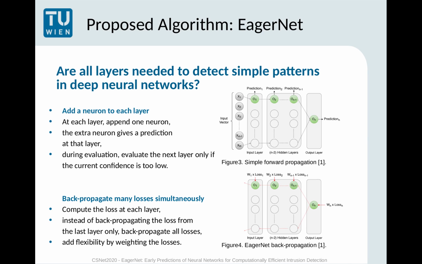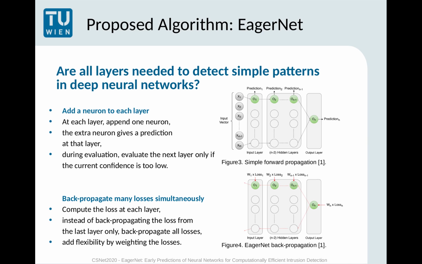We don't continue evaluating the entire network. And this way we can save resources without continuing until the last layer. But on the other hand, we should continue until the last layer if the attack that we are trying to detect, or any kind of traffic that we are trying to detect, is complicated enough.